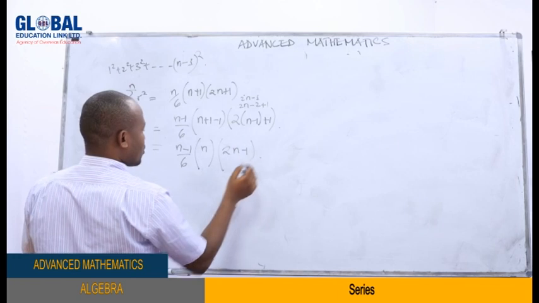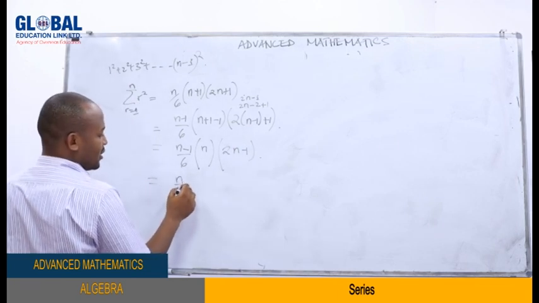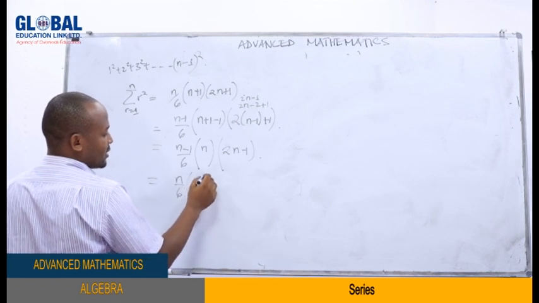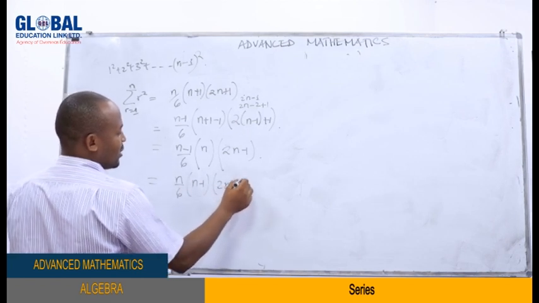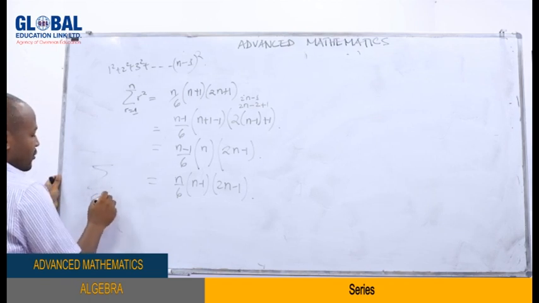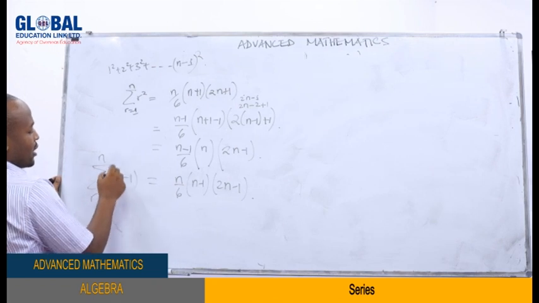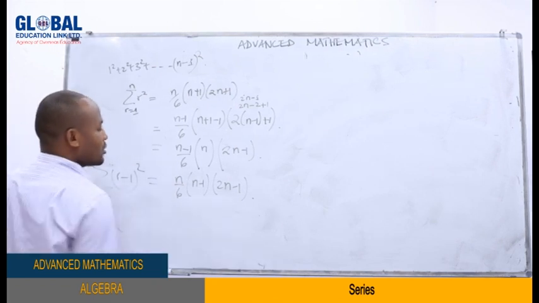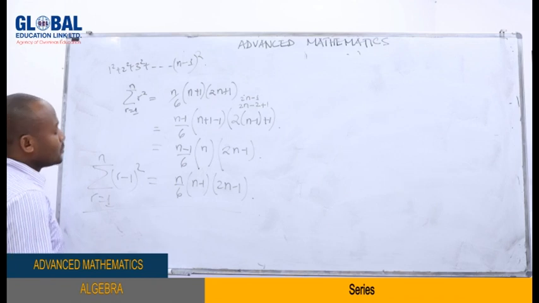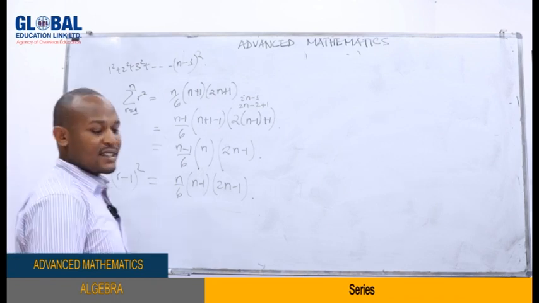Writing that in a simple form, it will be n over 6, n minus 1, 2n minus 1. That will be the summation from r equals 1 to n of what? Of (r minus 1) square. So don't get confused. It's fairly easy. Let's see the next example.